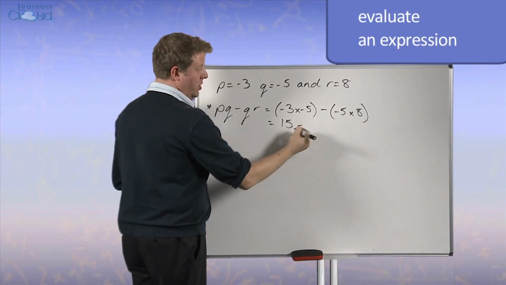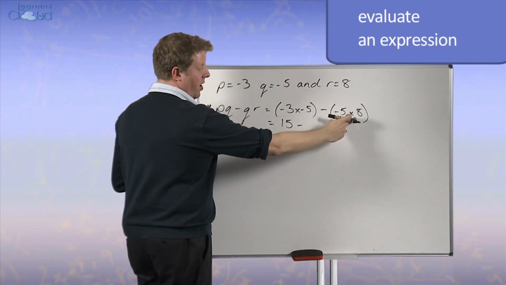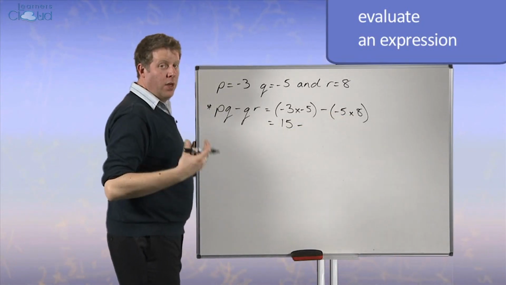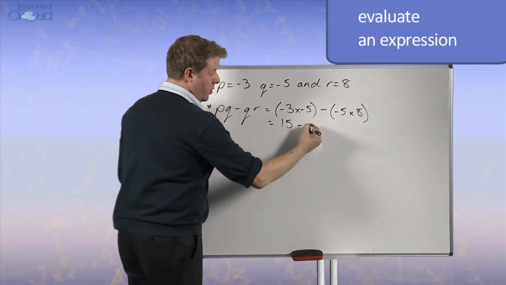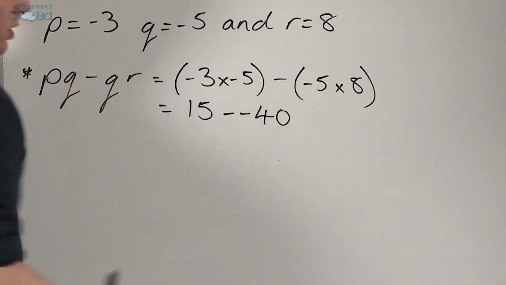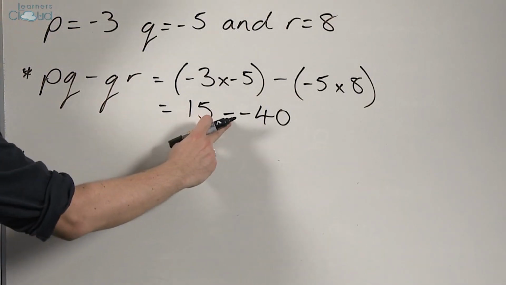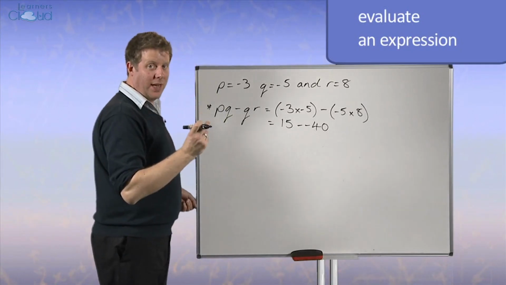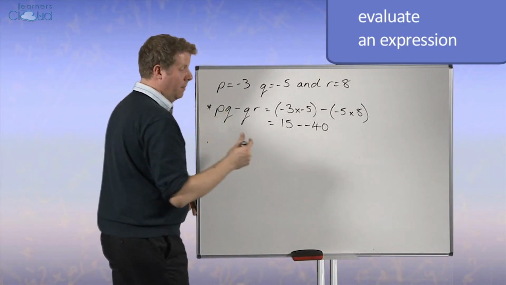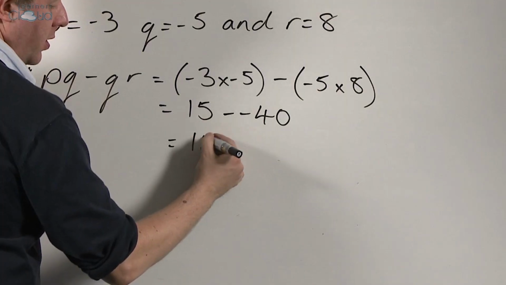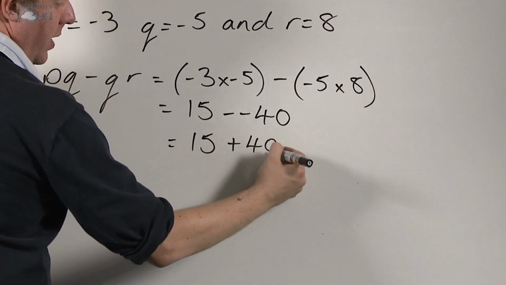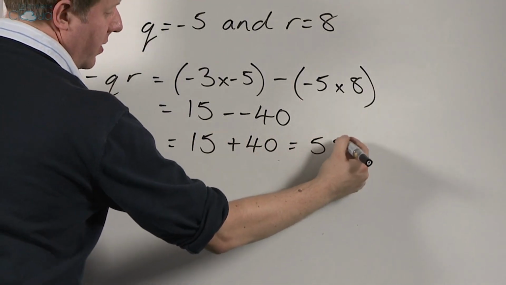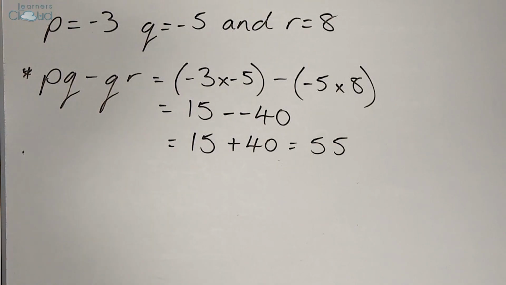From that, I'm going to subtract minus 5 multiplied by 8. Well, that gives me minus 40. So notice what I have here now. I'm subtracting a negative number. And we all know when we see those two negatives in the centre of the sum, it means we're going to add. So 15 plus 40 gives me my final answer of 55.